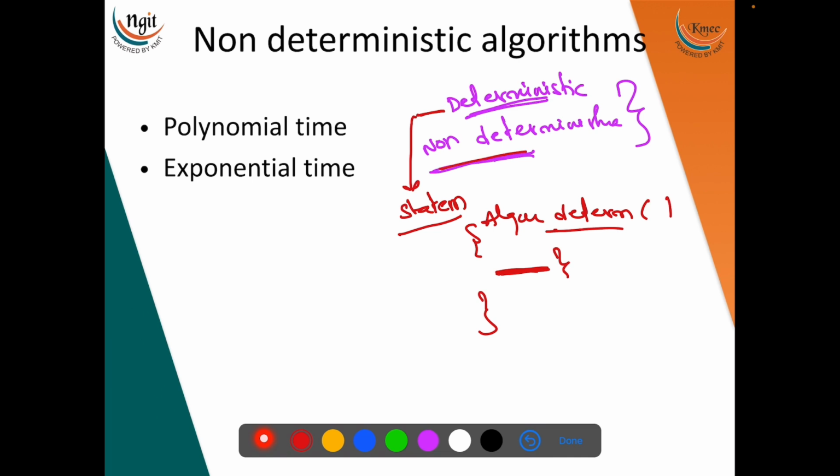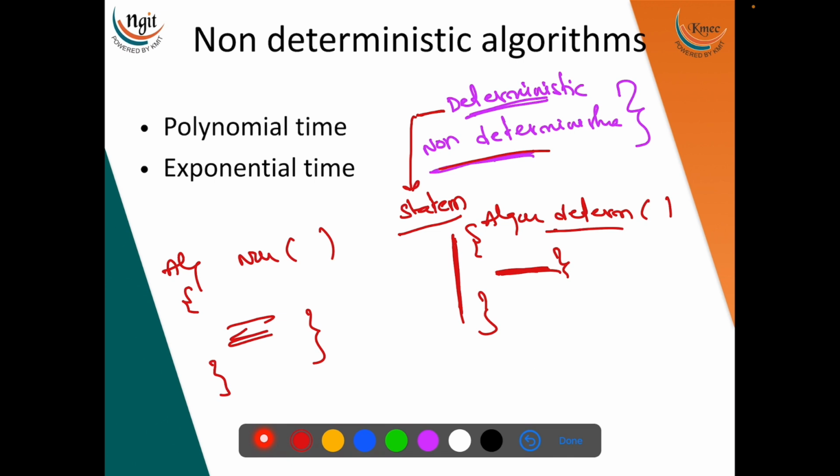Now what is non-deterministic? The algorithm you are writing does not define how it works. A non-deterministic algorithm will have some statements whose working principle may not be known to the user, but at least a few of the steps we know.